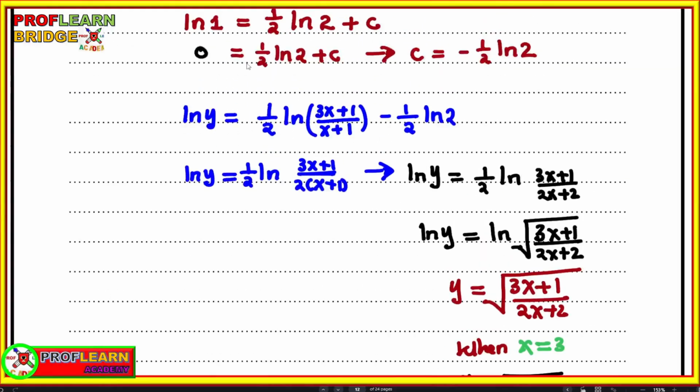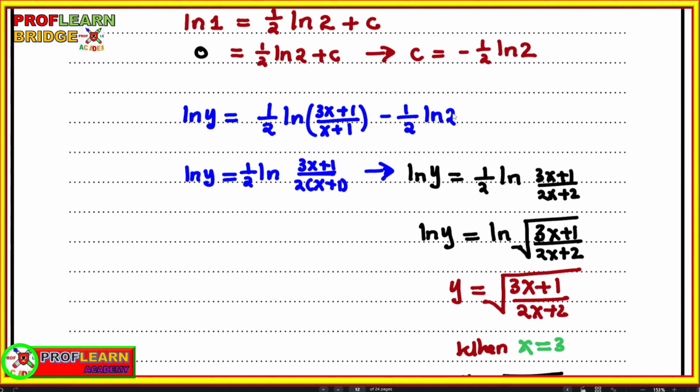So our equation now becomes ln of y equals 1/2 ln of (3x plus 1 over x plus 1) minus 1/2 ln of 2.